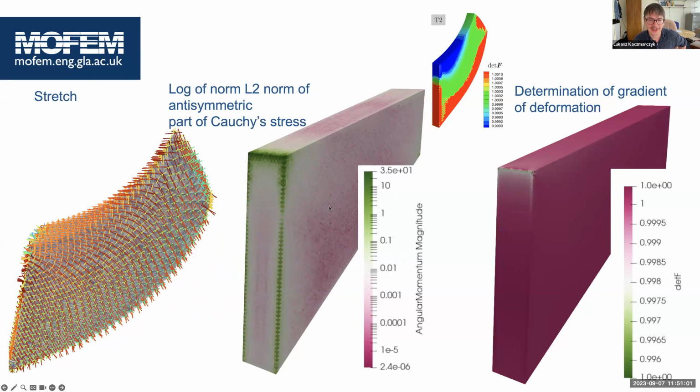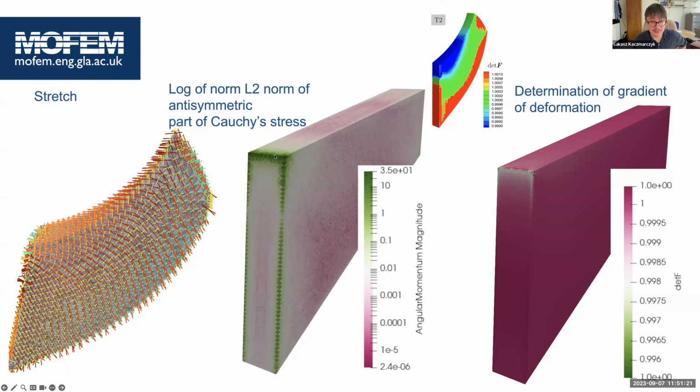in the weak sense, you can plot the error associated with enforcement of the angular momentum. This error, you can see, is large in the corners, and it's large over here because the solution over here is not exact.